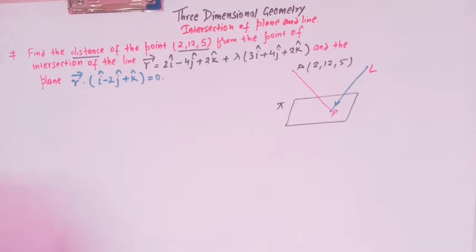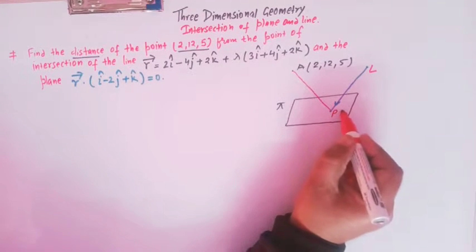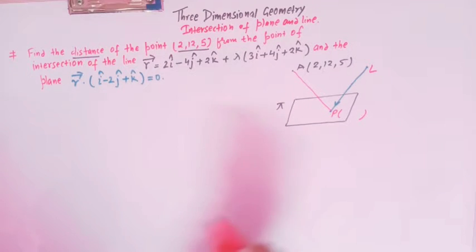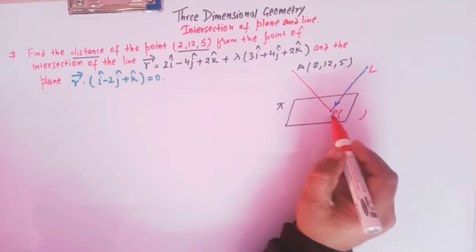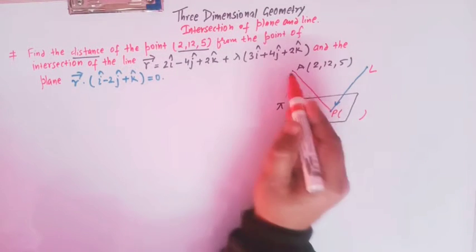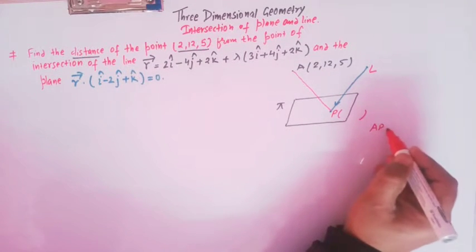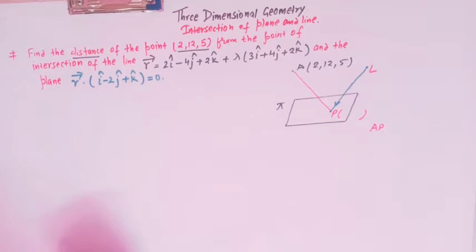Now we have to find the coordinates of this point P, because once we know the coordinates of point P, we can find the distance AP by using the distance formula.